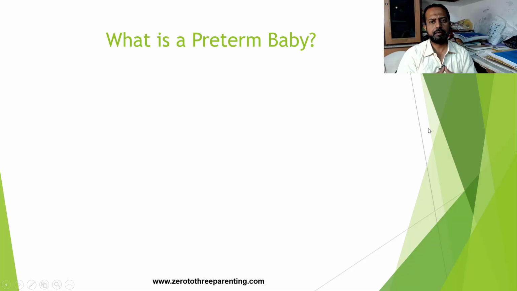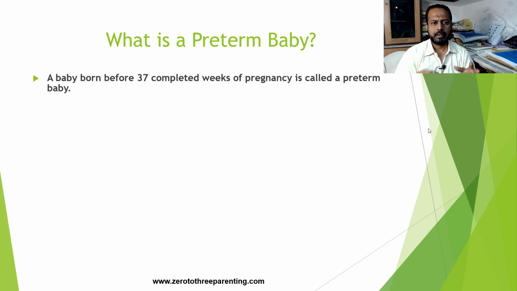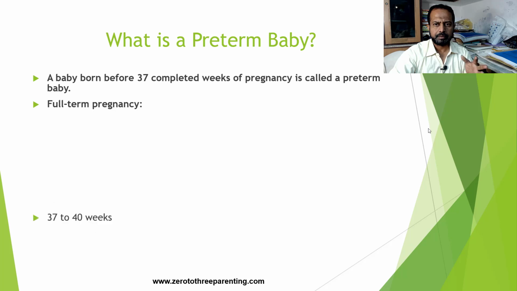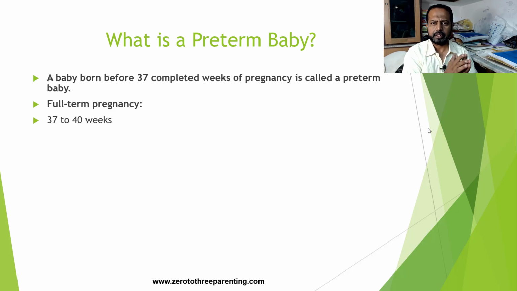First we will understand what is meant by preterm babies. Babies born before 37 weeks are called preterm babies. For example, 37 to 40 weeks is considered full term. Any infant born before 37 weeks is called a preterm baby.